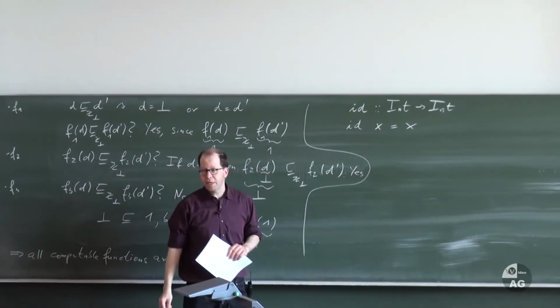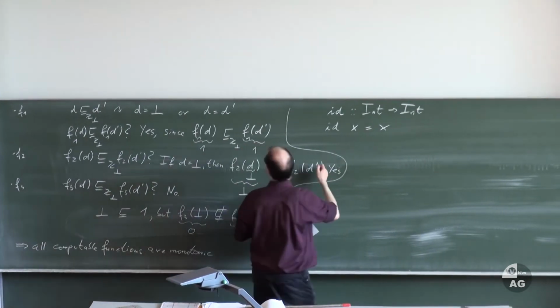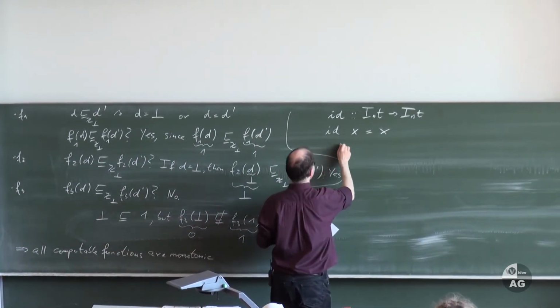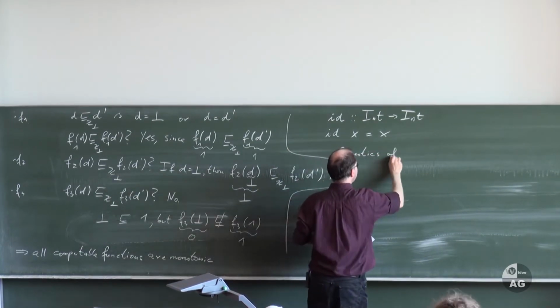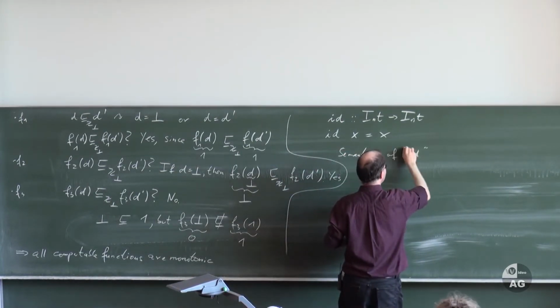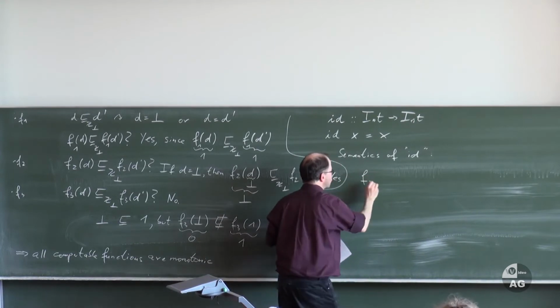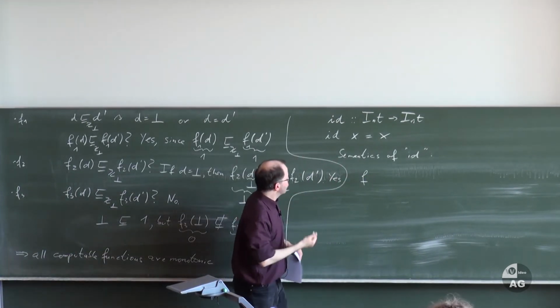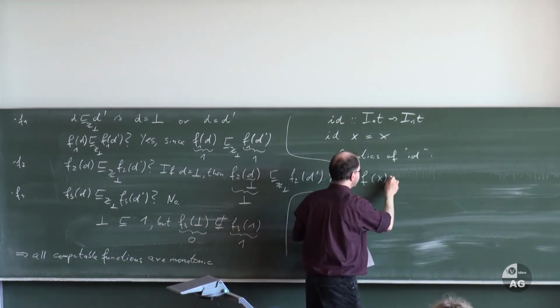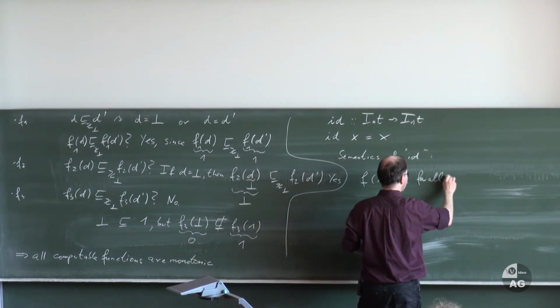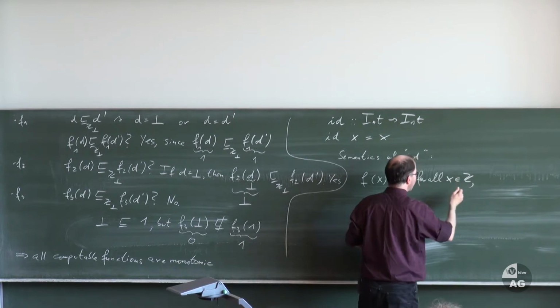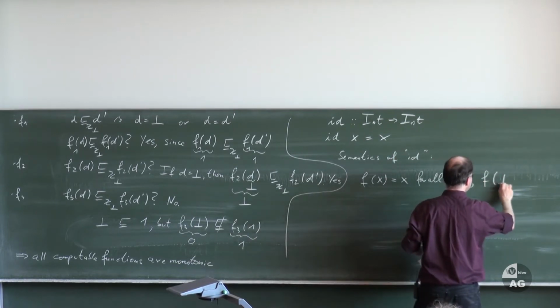Then what should be the semantics of it? The semantics of it should be some function f, but the function f should be monotonic. So what should f do? f of x should be x for all integers.